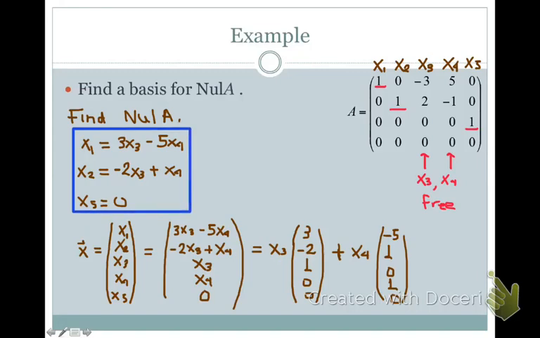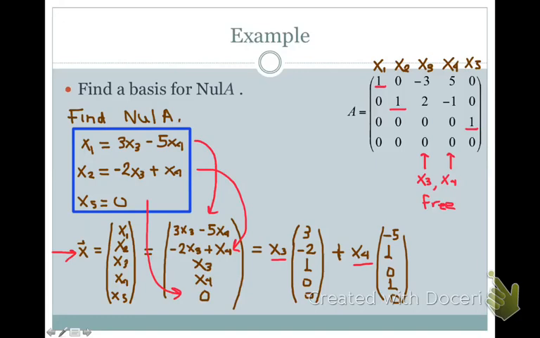Then we try to find the matrix X, and we're writing the solution in parametric form. Notice that the values x1, x2, and x5 have been replaced with the values that we have above. If we write it in parametric form, we end up with x3 times this vector plus x4 times the second.